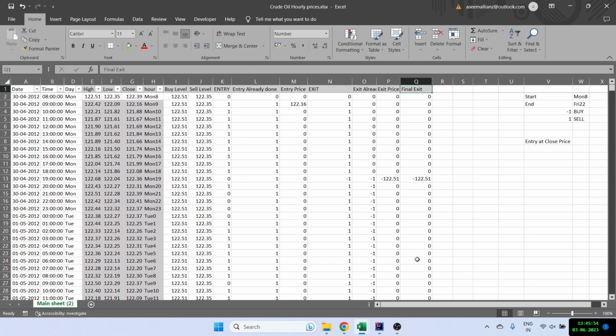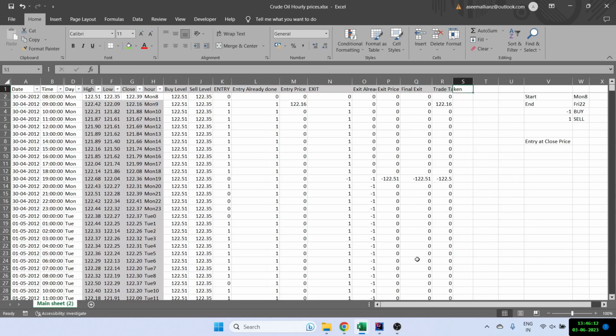So we have taken all the trades. Let's just put the trade taken or not. So the trade taken is M2 plus Q2. So this becomes a trade taken.